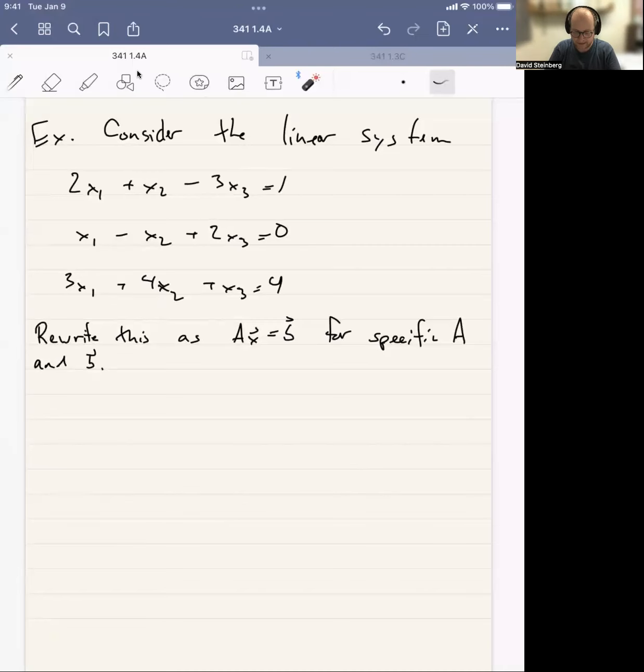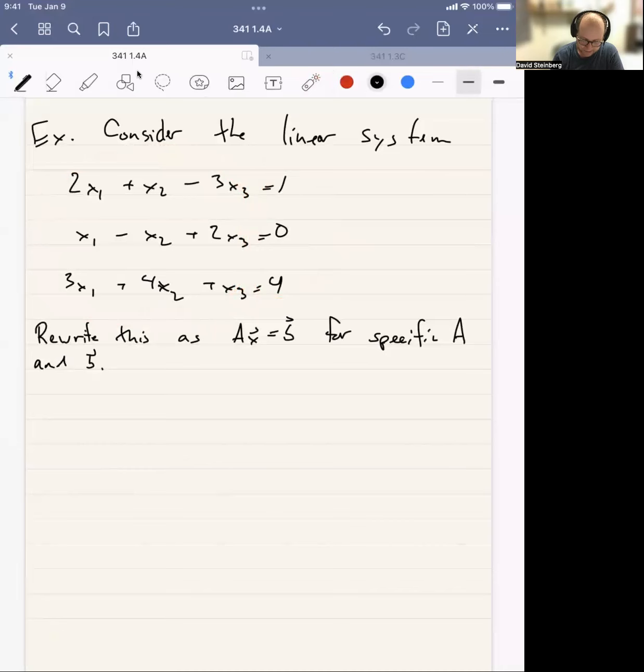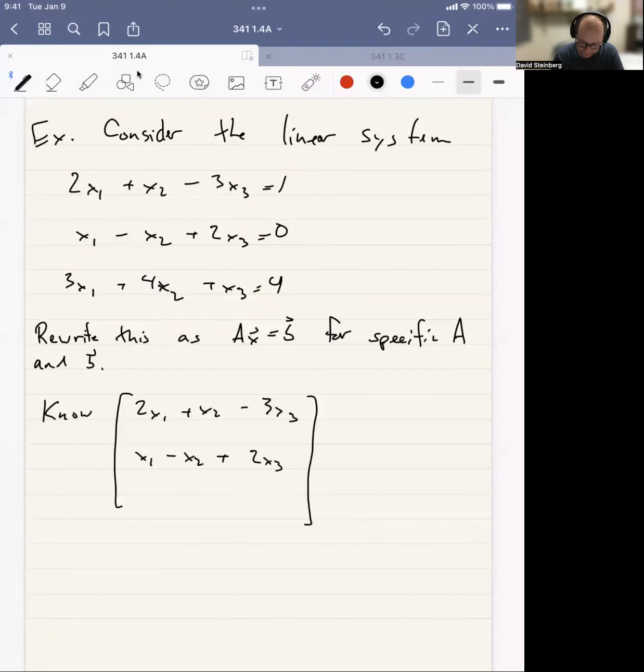Okay, so we could first collect all of these into one vector and all those into one vector and say, okay, well, we know this is the same thing as saying 2x1 plus x2 minus 3x3, and then x1 minus x2 plus 2x3, 3x1 plus 4x2 plus x3 is equal to 104.